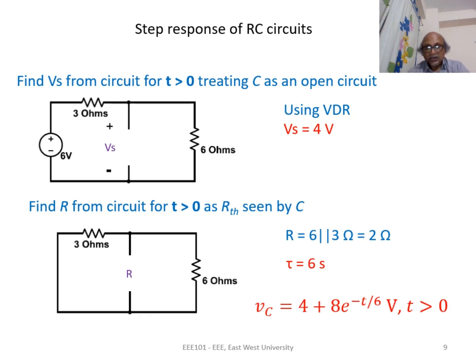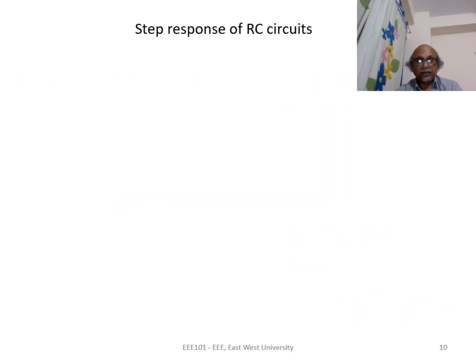Now we want to sketch the solution. We have to first decide whether after the switching the capacitor discharges or charges. V0 is greater in our case, Vs is smaller. 12 volt versus 4 volt. So we can say that after the switching, the capacitor voltage will discharge, it will decrease.